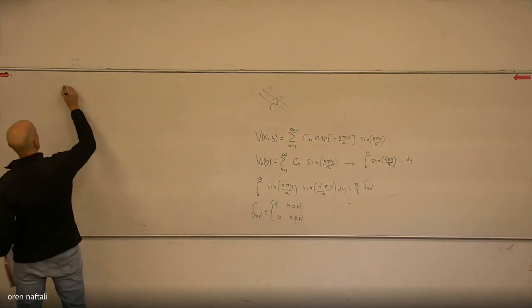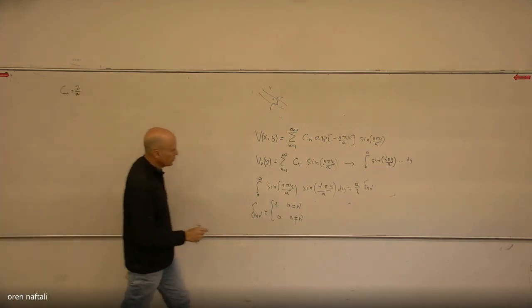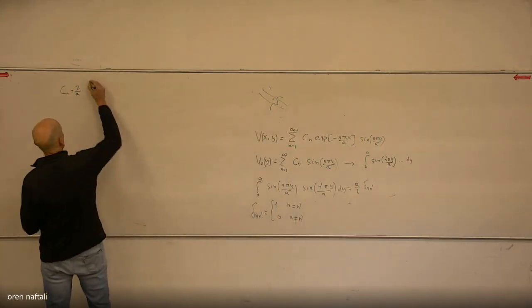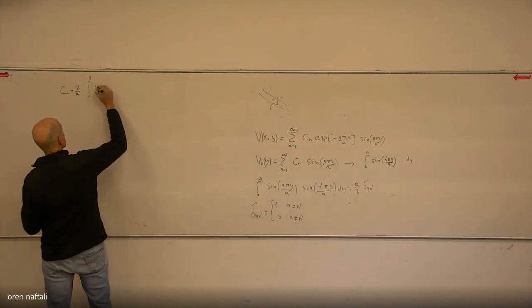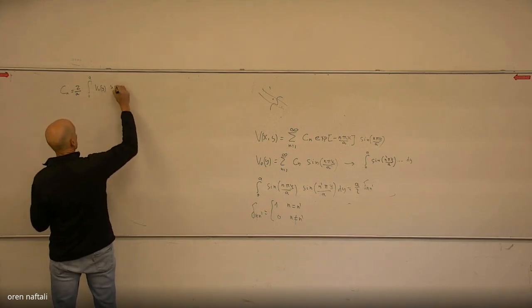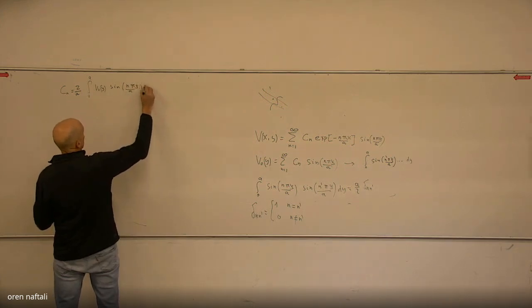So the Cn is 2 over a, and this 2 comes, I think, from here, times the integral from 0 to a of V0 of y, whatever that is, times sine of n pi y over a, dy.